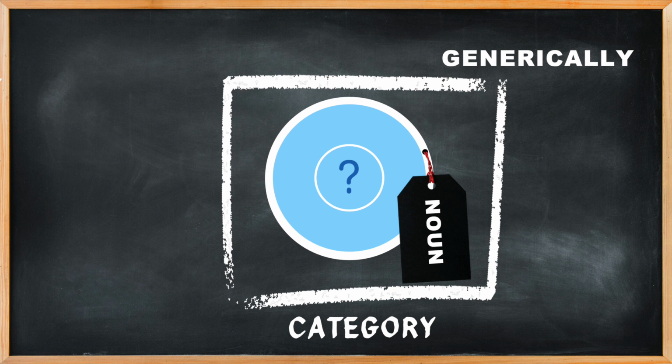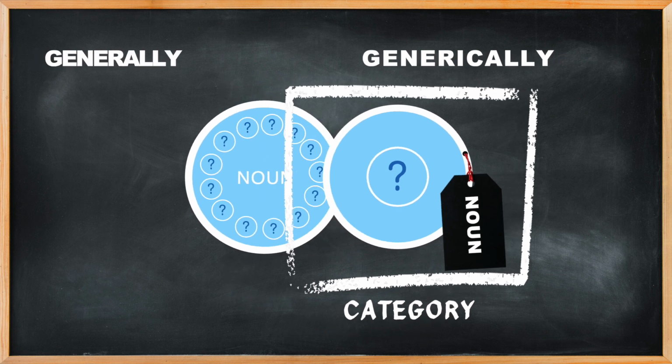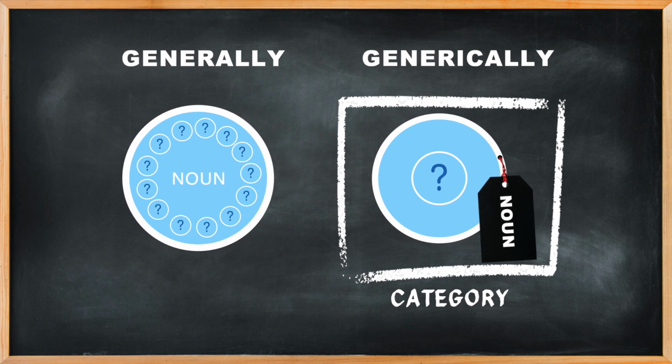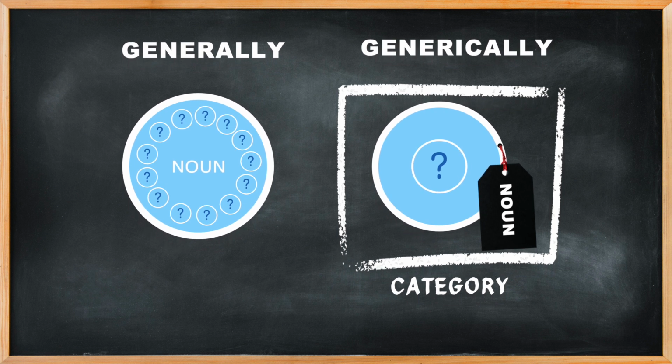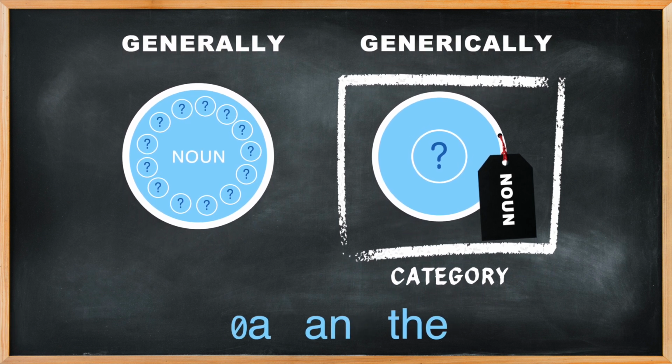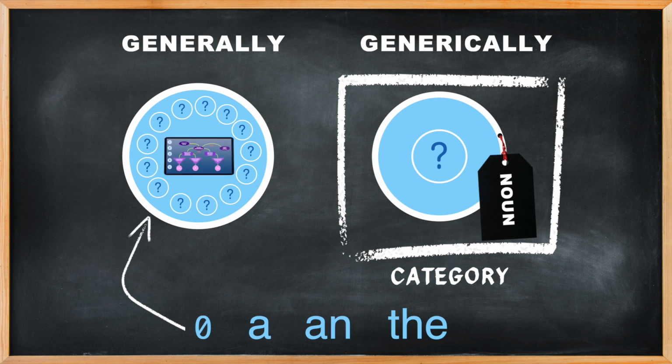The distinction between nouns used generally and nouns used generically can be subtle and not so easy to identify. However, when we choose articles for a noun, knowing if we want it to be thought of generally or generically can make a difference. Nouns used generally will follow the 5-step approach we looked at in part 1.